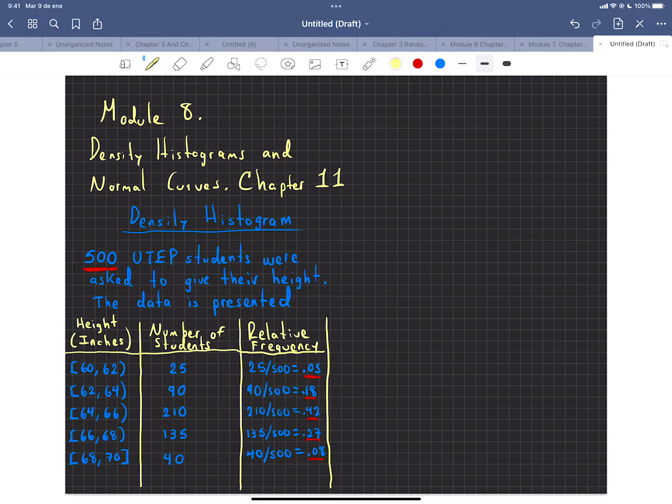Now we are going to create the column for the density. You include another column that is called density. How are we going to compute this? The density is going to be computed as the relative frequency divided by the length of the interval.